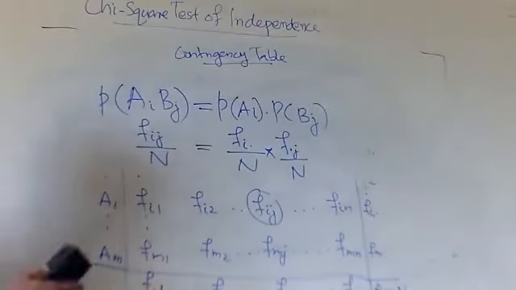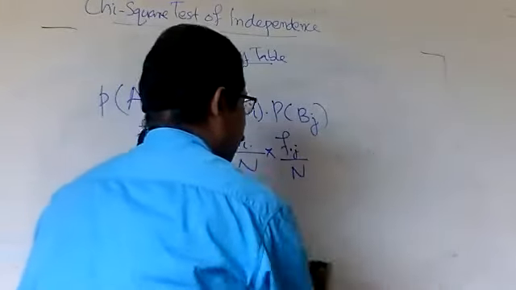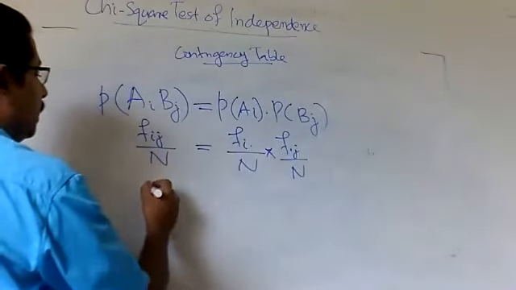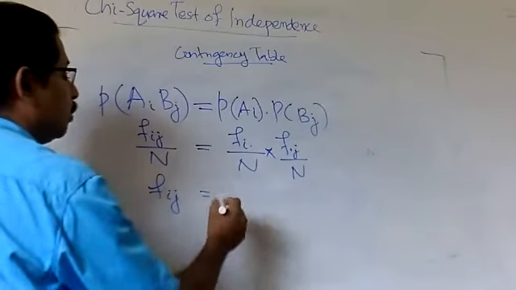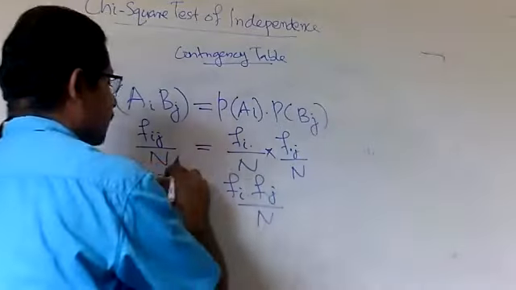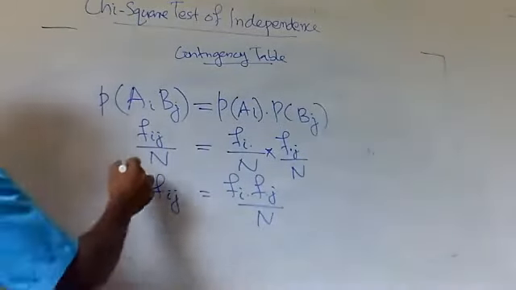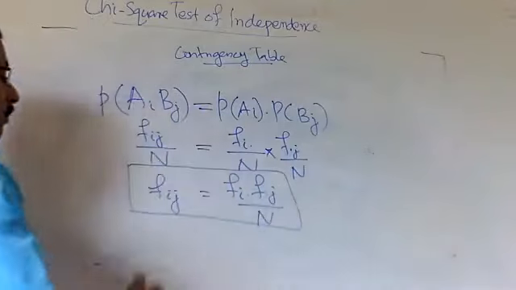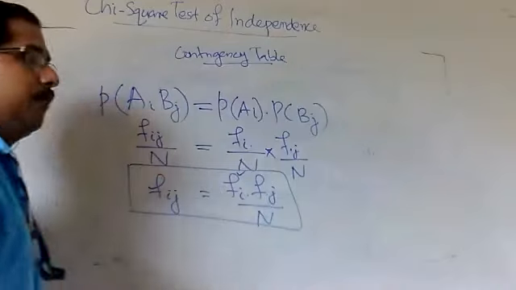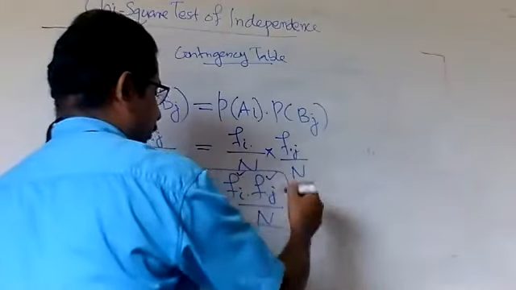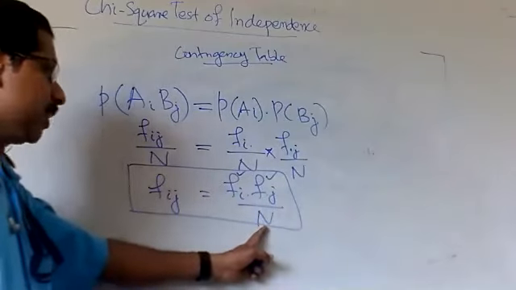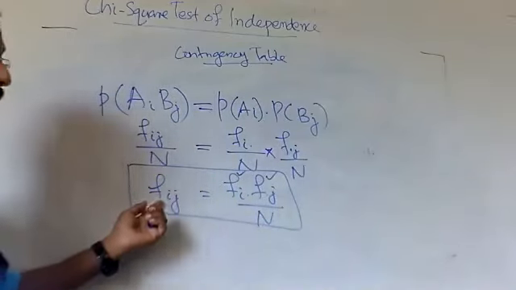Okay. So by solving this, you get Fij is equal to Fi dot into F dot j by N. Cancel one N, and this result is important. If you know Fi dot and F dot j and the total number, then you can estimate the number of observations in the ijth cell.